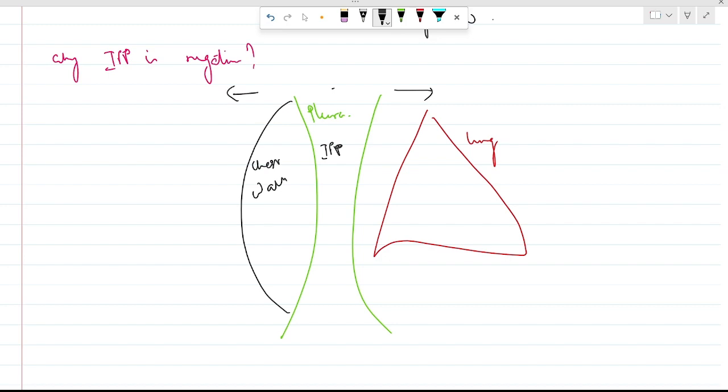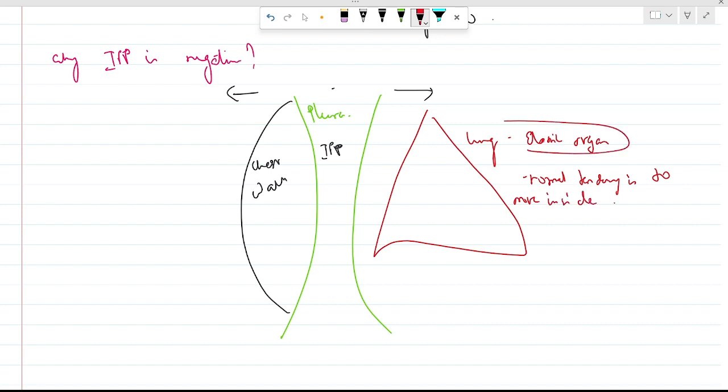Very simple. Now we know the lung is an elastic organ. It has its elastic property, and its normal tendency is to move inside, in this direction. Now we'll see the chest wall.